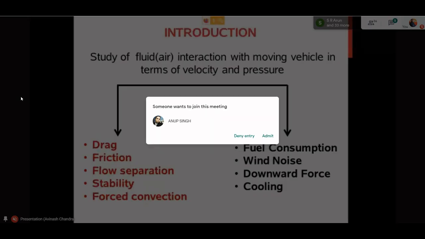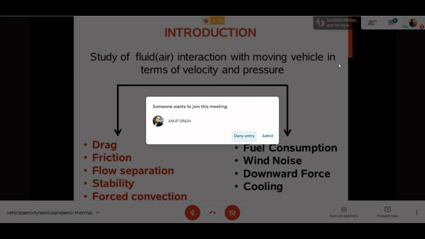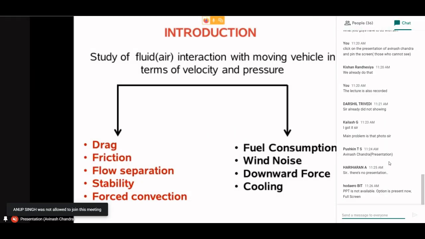The rest of the parts are open to air, meant to be cooled by forced convection only. So this is something we should always understand.